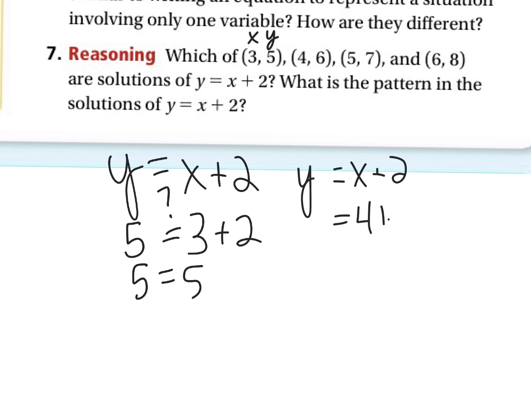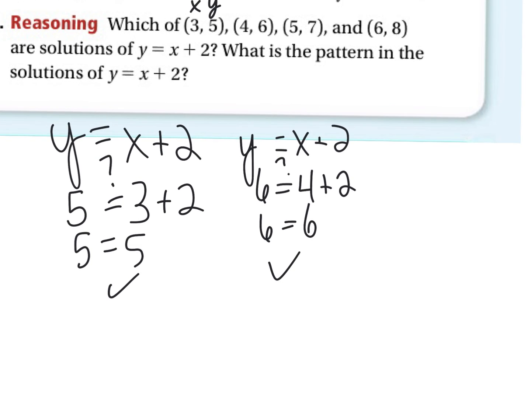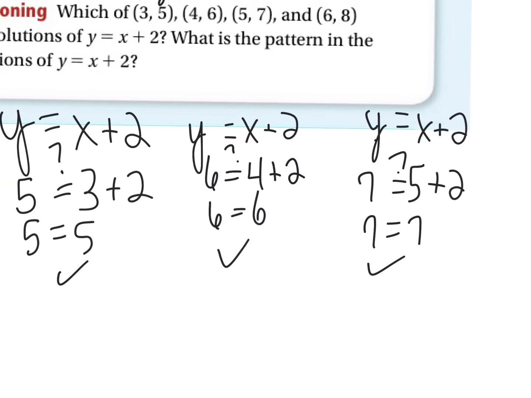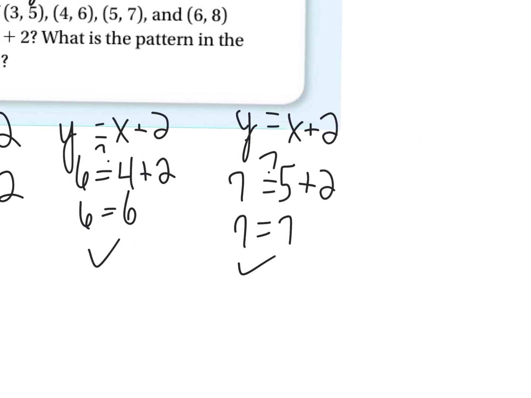Next one, we put a 4 in for x and a 6 in for y. So 6 equals 6, so that works. 5, 7. 7 equals 7, that works. And then the last one, 6, 8.